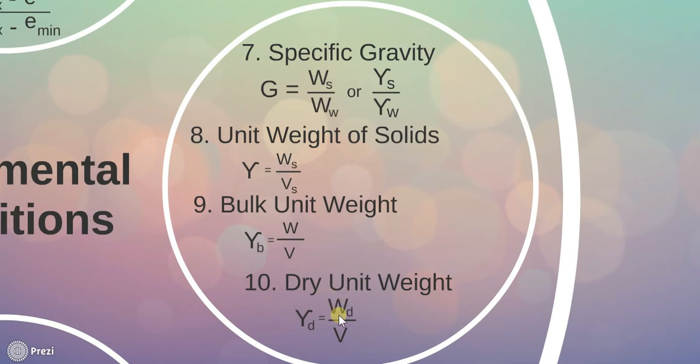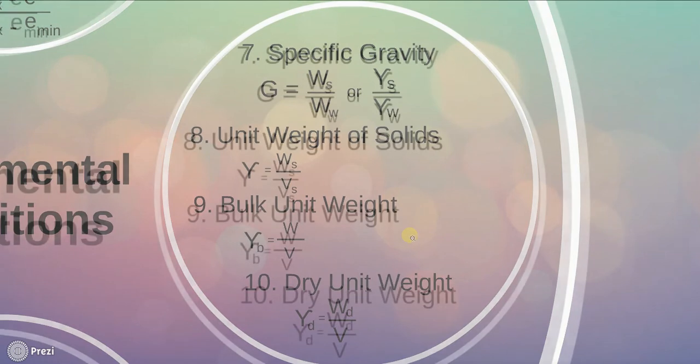Here we will take weight of dry or soil solids only, and it is denoted by gamma D. Units of bulk unit weight and dry unit weight will be same as unit weight of solids. It will be kilonewton per meter cube.